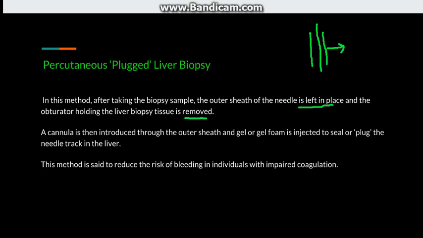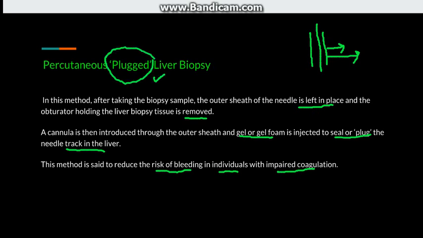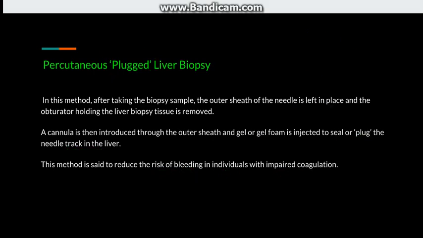Now through this outer sheath, a gel or gel foam is injected to seal or plug the needle tract in the liver. This is done so as to reduce the risk of bleeding in patients, especially those who have impaired coagulation. As the name suggests, a plug of gel is inserted into the liver after the biopsy.